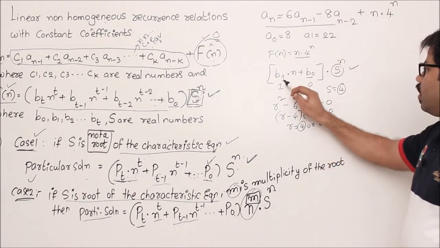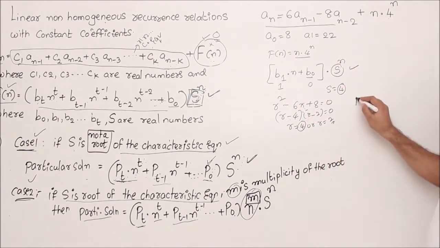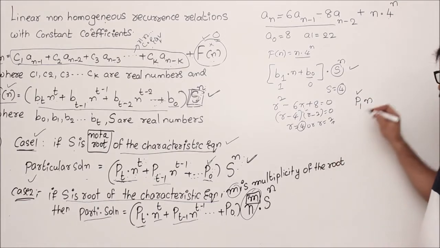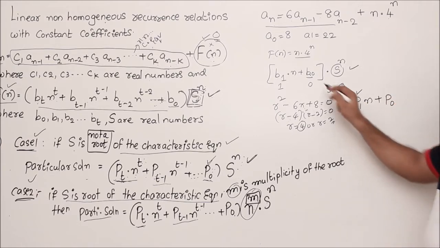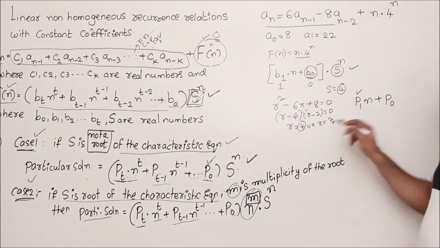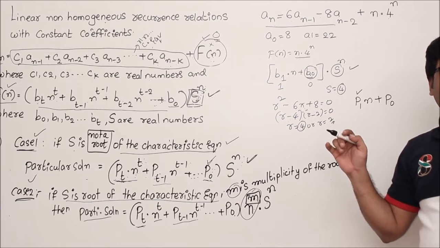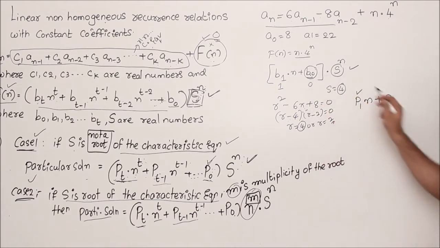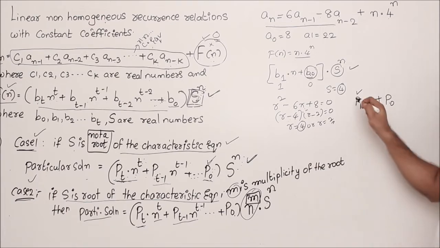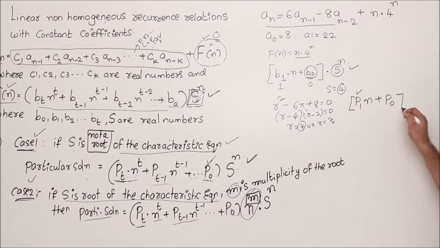So we have b1·n, and for that we should write p1·n. This p1 we have to compute, plus p0. In the place of b0, we should write p0. Don't say, sir, our b0 is 0, then should I take it? Yes, you should take it. Whether b0 is 0 or 5 or anything, we should have a corresponding term.